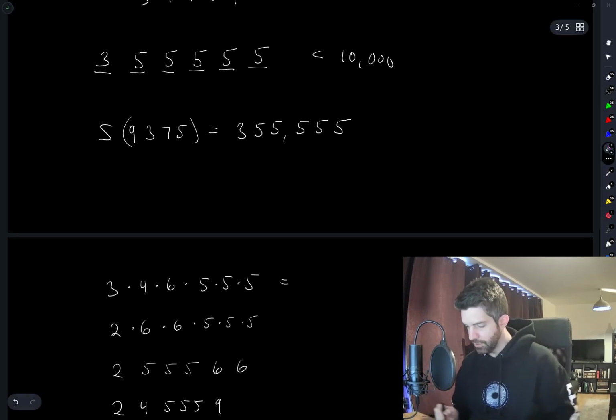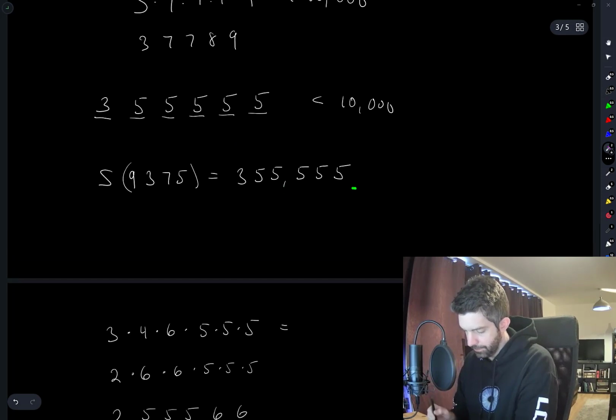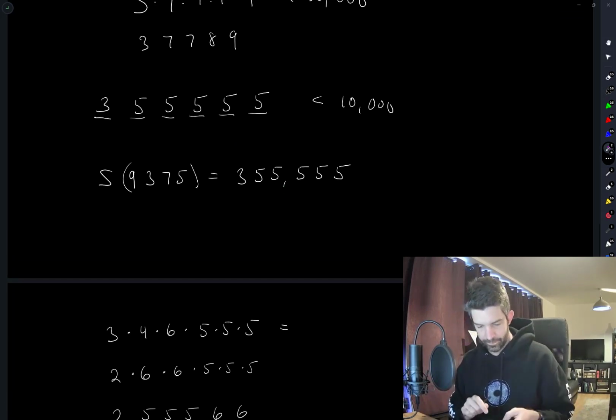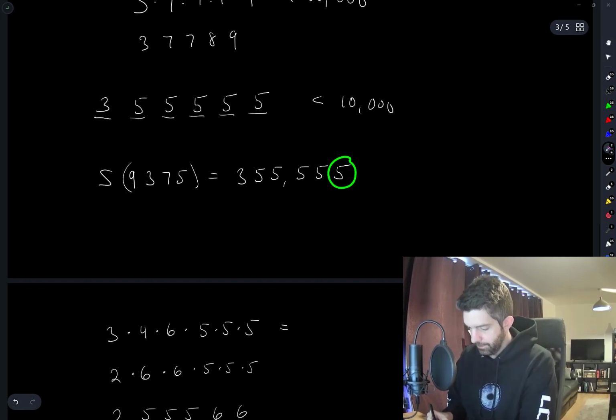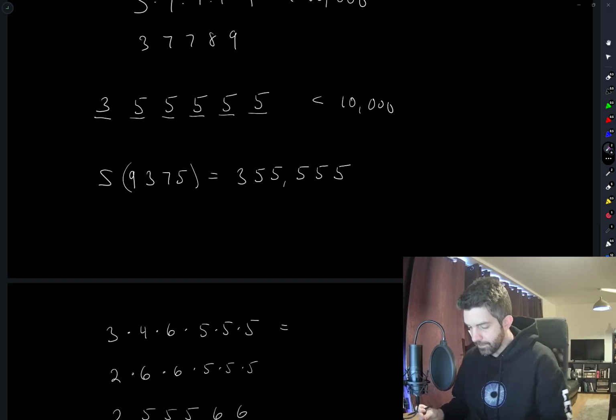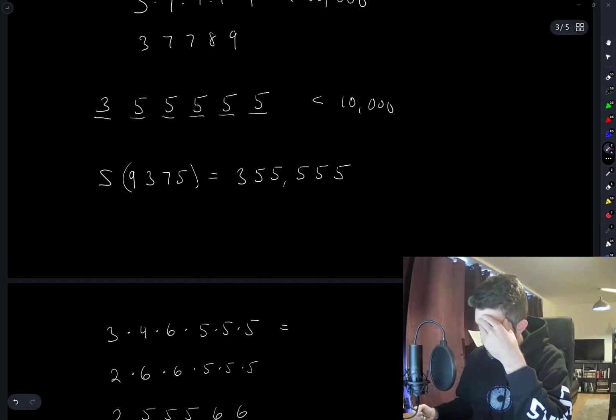I find it hard to believe that I'll be able to find a larger number here that works, because if I replace a single 5 with a 6, the product goes over 10,000. If I replace the 3 with a 4, the product goes over 10,000.